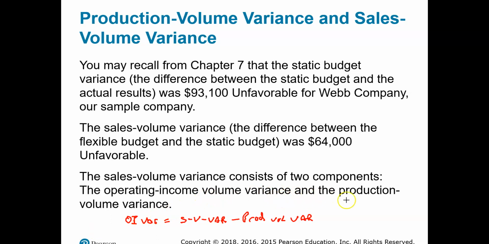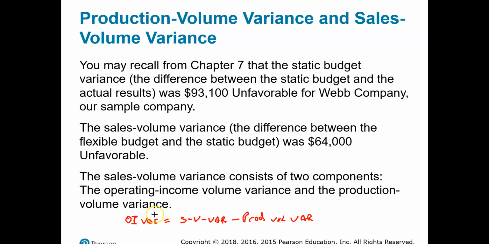It takes the fixed overhead cost per unit, and the difference in operating income is only because of the amount of fixed costs allocated on a per unit basis times the number of units actually sold versus what we budgeted to sell.